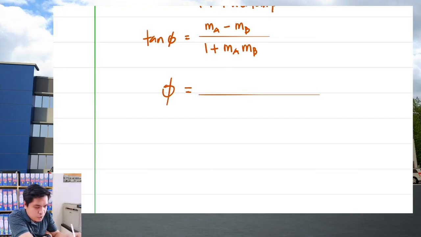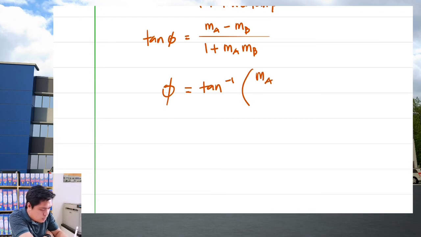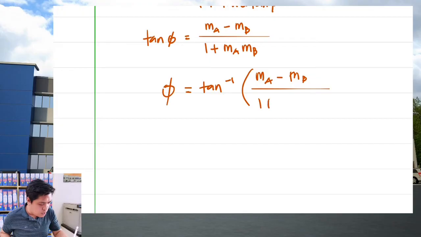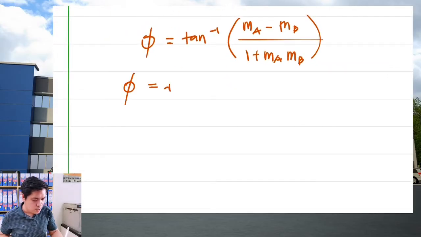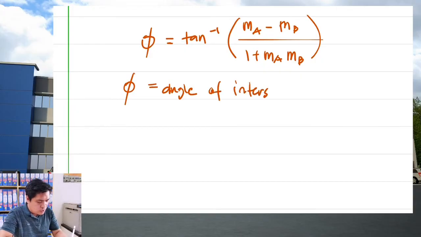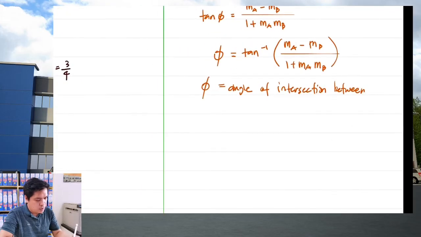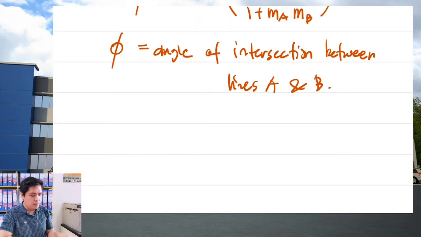The angle is equal to the arc tangent of m sub A minus m sub B, ayusin natin, divided by 1 plus m sub A, m sub B. So that's the equation for the angle of intersection between lines A and B. So that's it.